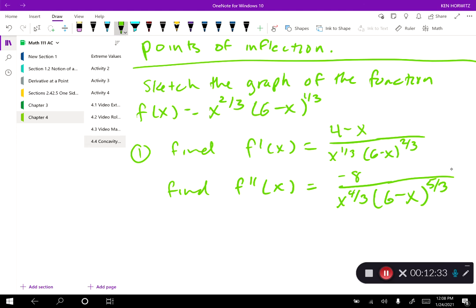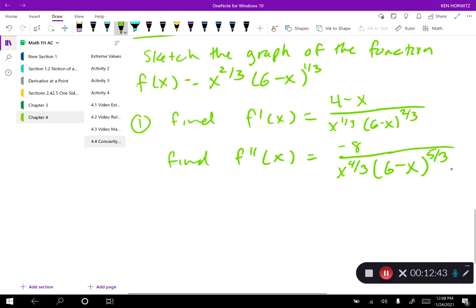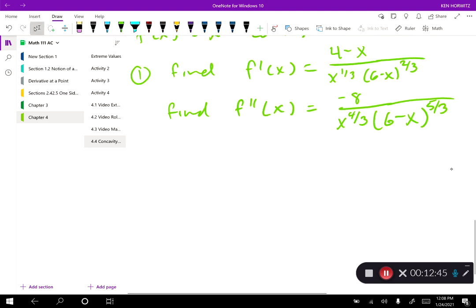Again, you might have a correct answer, just not as simplified as mine. So be sure to do that algebra, because in this form, your next steps are going to be a lot easier. All right, so the next thing we need to know is our critical numbers.